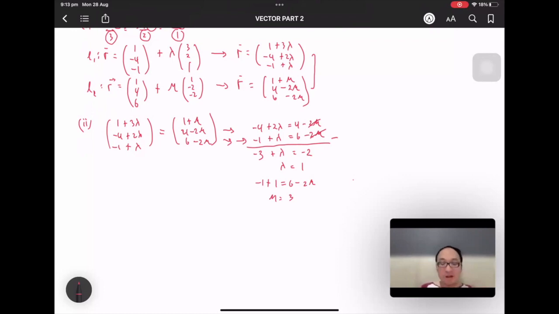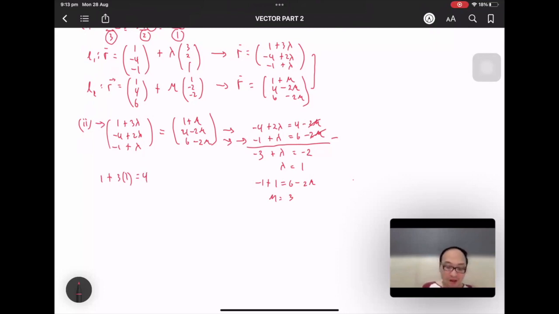Now, to check if the lines intersect or not, we have to substitute the mu and lambda values into the first expression. So we check: for the left, 1 plus 3 times lambda, which is 3 times 1, equals 4.